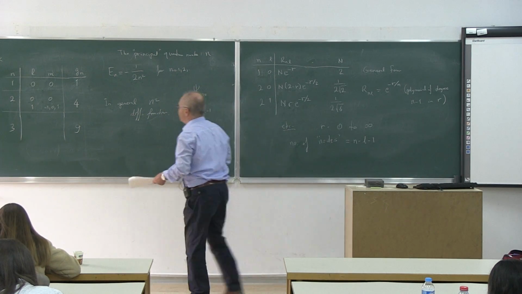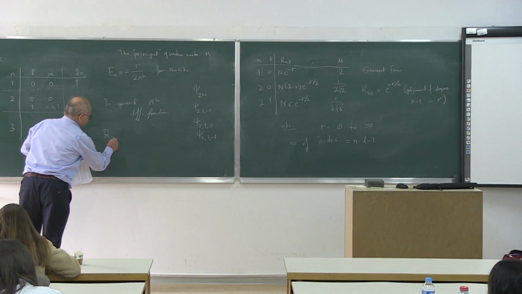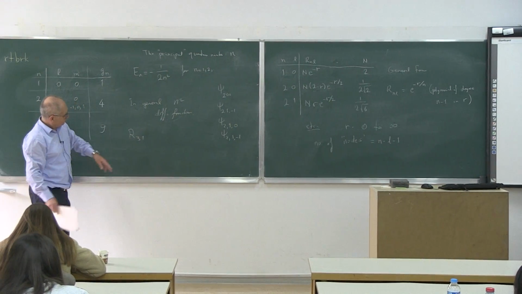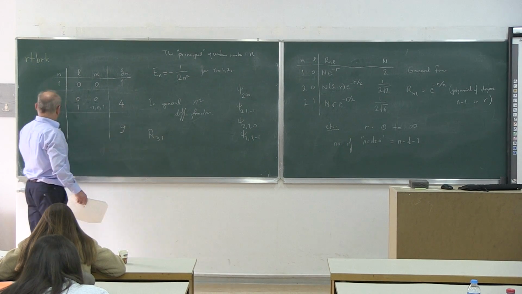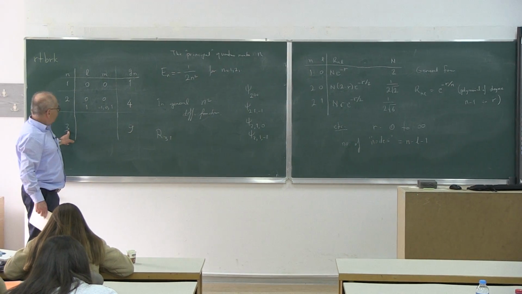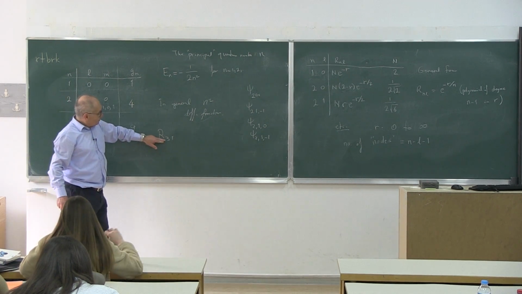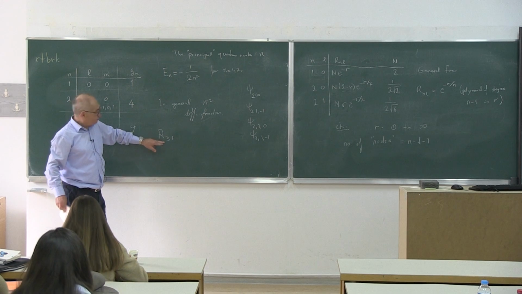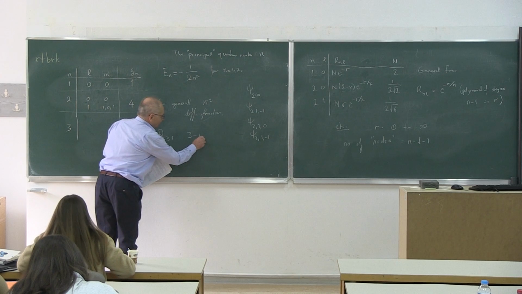So let me ask you, for instance, this function, R31, it corresponds to the radial function for n equals 3 and l equals 1. This radial function has how many nodes? 3 minus 1 minus 1.